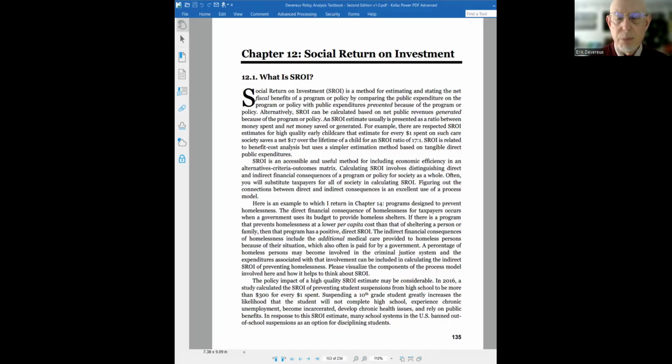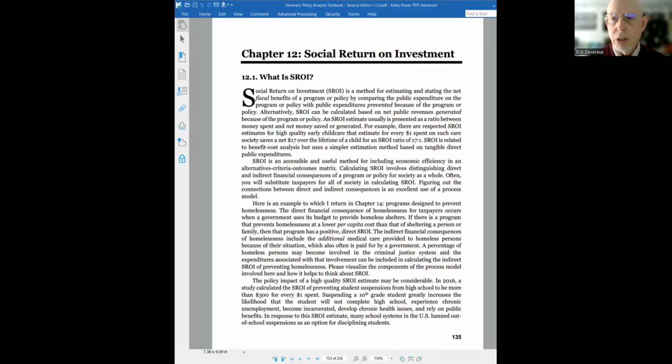There have been many examples in the last couple of decades where social return on investment analysis has had a major impact on public policy. One that I talk about in the book is an analysis that showed very negative consequences for the taxpayer for suspending or expelling students from high school. Often these students turned out to be from diverse and disadvantaged communities.